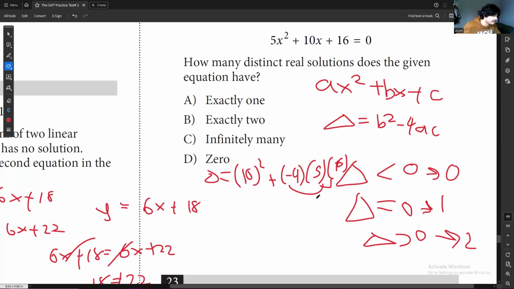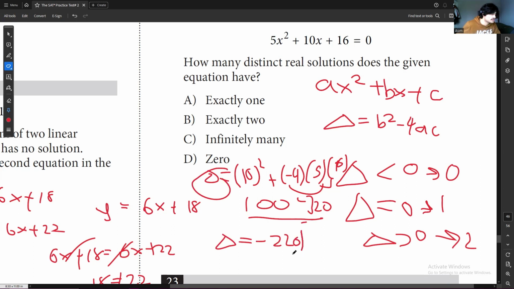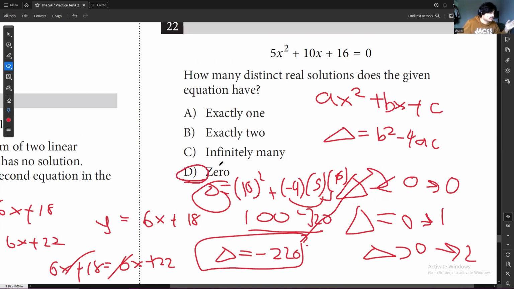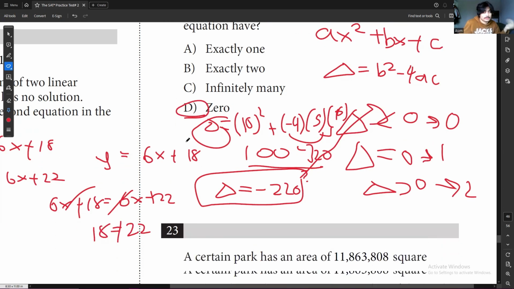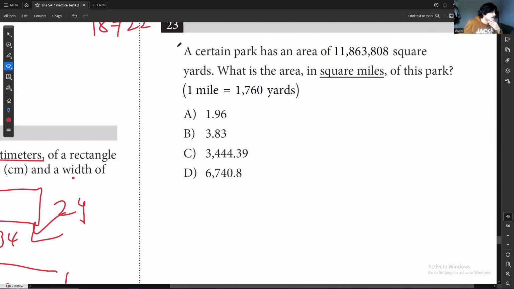After that, I got 100 minus 320 for my delta. My delta is now -220, guys. Do you remember what I said in the case where delta is less than 0, which is negative? We have no real solutions. We have imaginary solutions in this case.